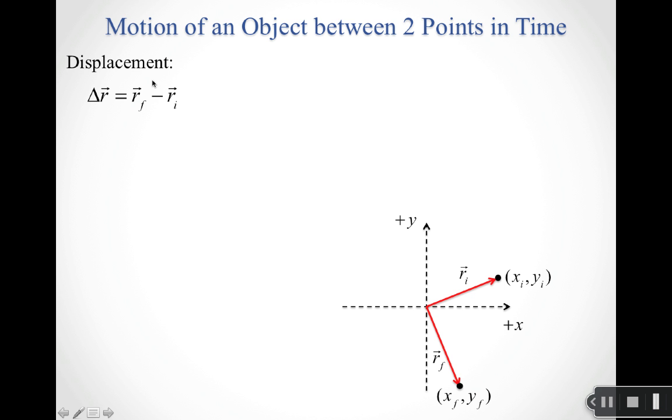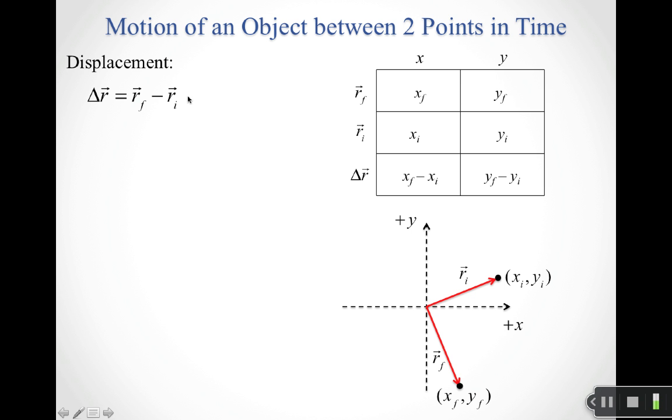With displacement, we see that displacement is defined to be the change in position. This just means the final position minus the initial position, so this is really a vector subtraction problem. We're going to work this the way we would work any vector subtraction problem.